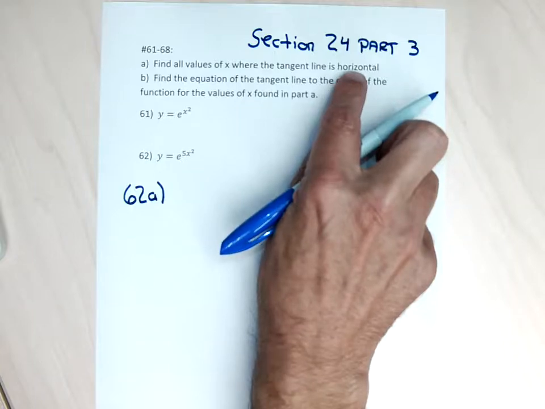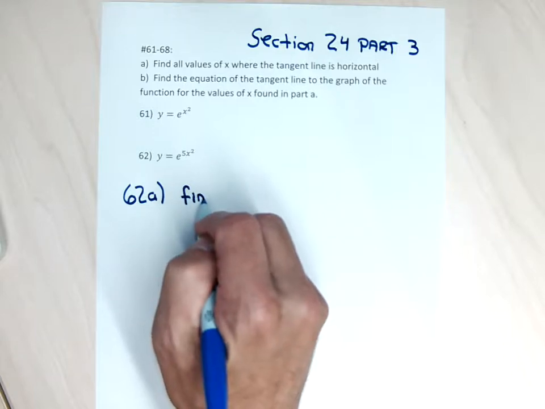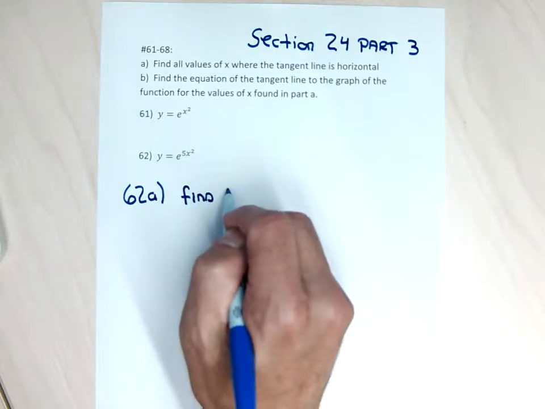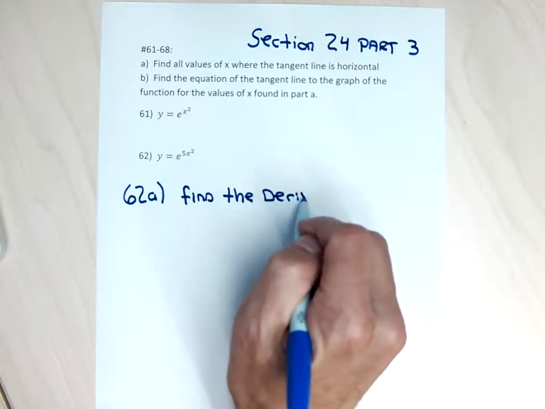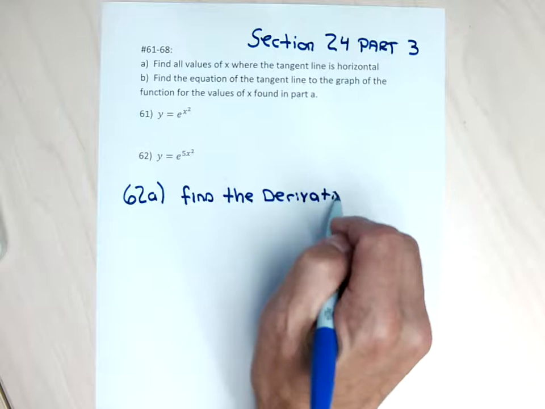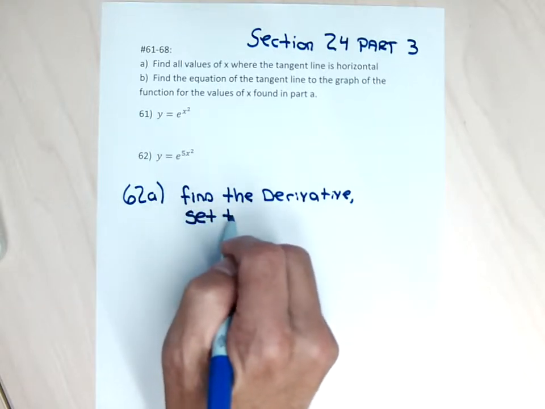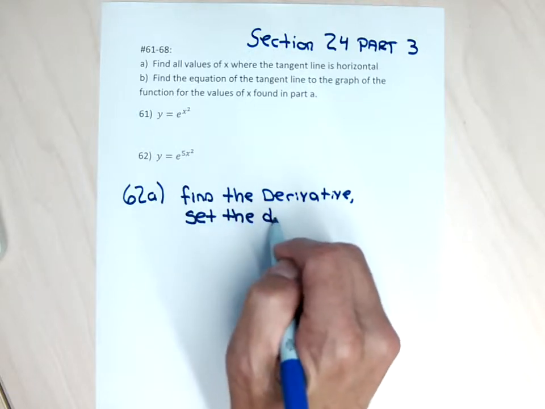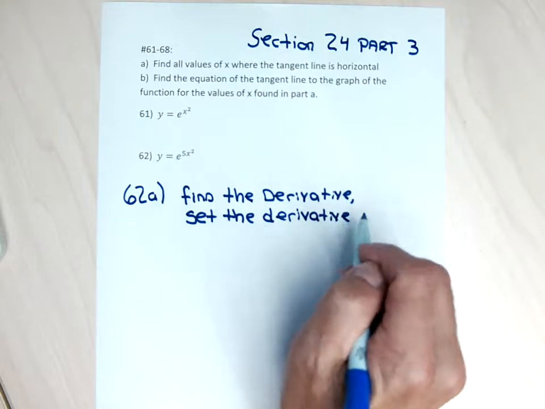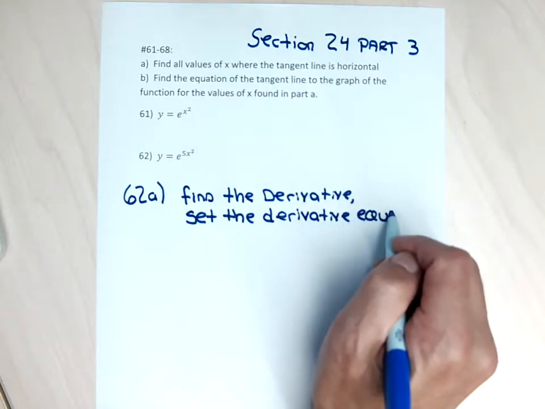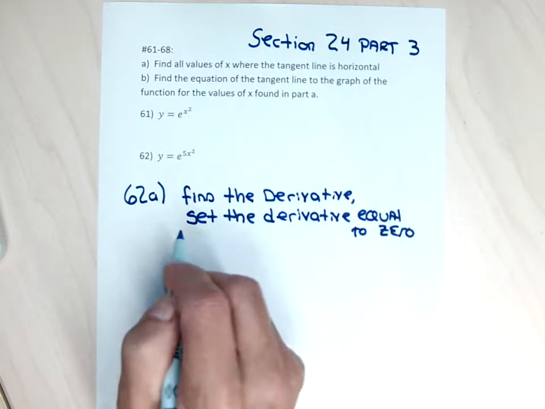And that basically tells me to find the derivative, set the derivative equal to 0, and solve for x.